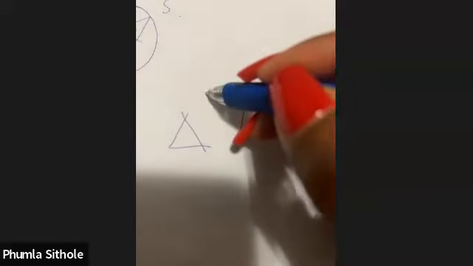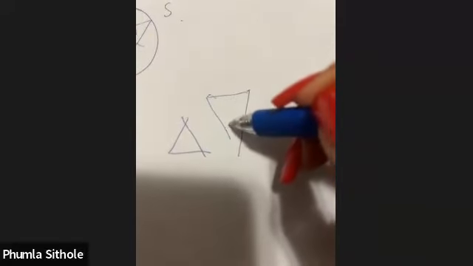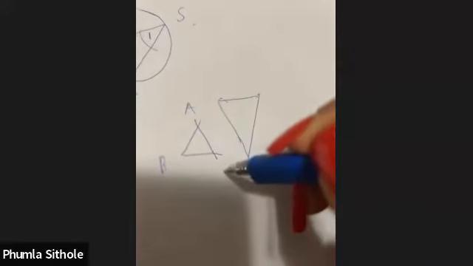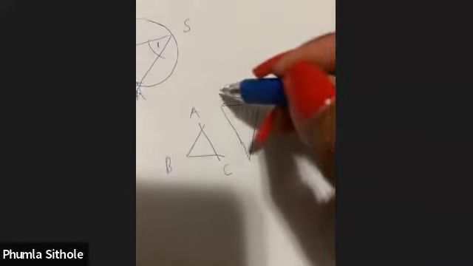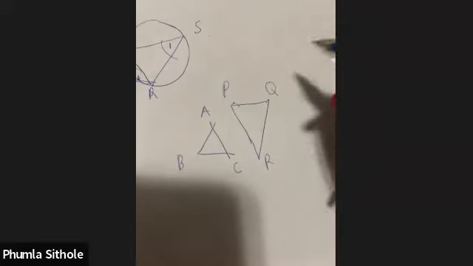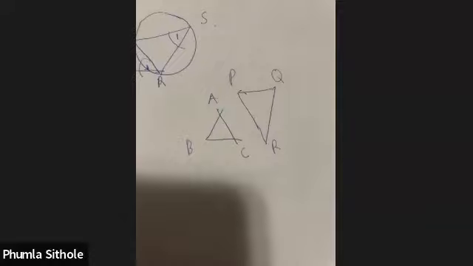Let me just go like have something like this. Let's say we have two triangles. This one is big, this one is small. Let's say this was A, B, C. This is P, Q, and R. Yes, angles are the same.